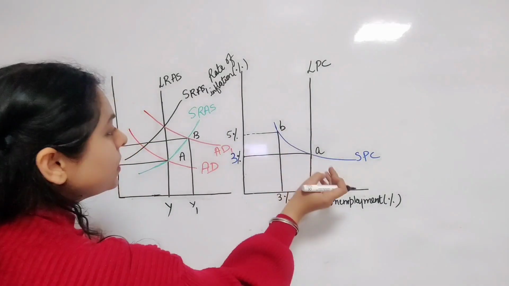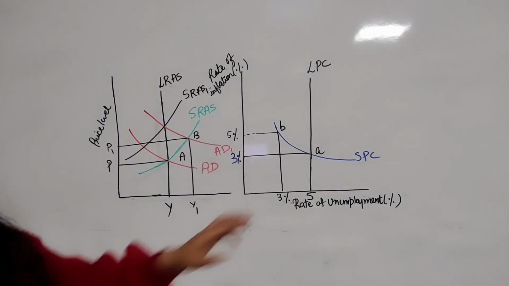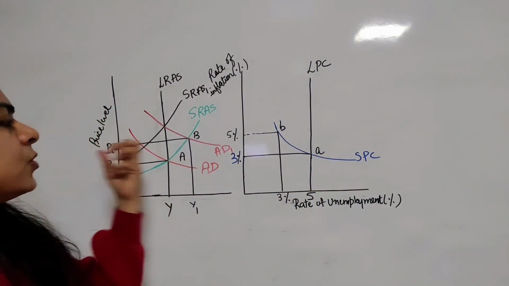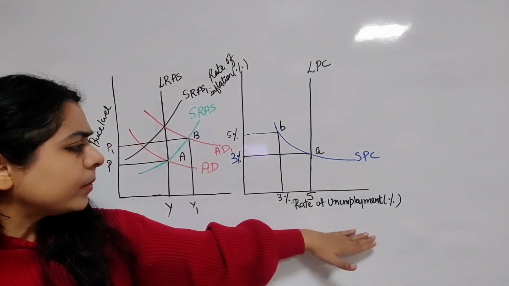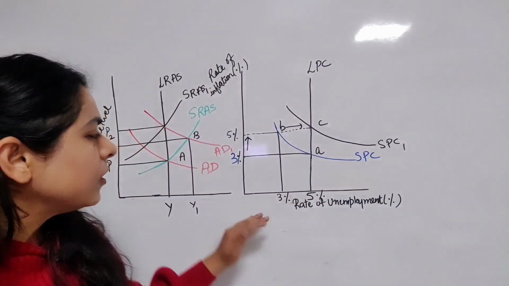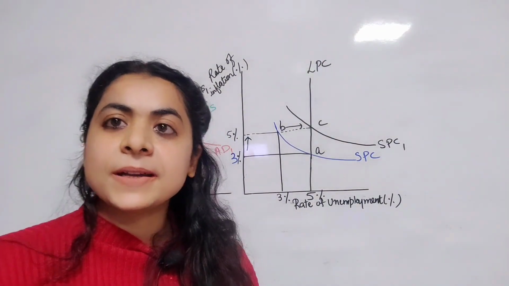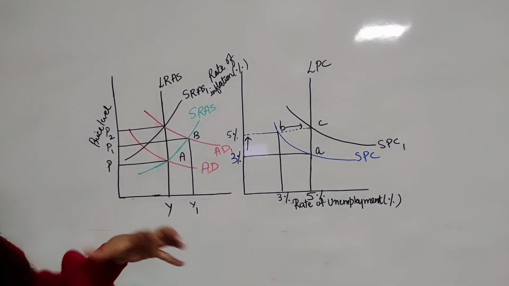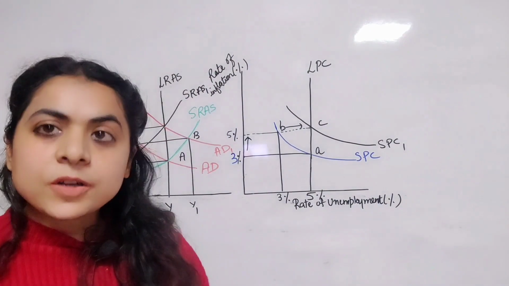So the economy, instead of moving from point A to B in the long run, in the short run, we have seen that whenever there was an increase in price level and inflation, the overall rate of unemployment decreased. But in the long run, the workers realize that they are paid less than the rate of inflation, and the excess profits which the firms were earning will now be reduced.